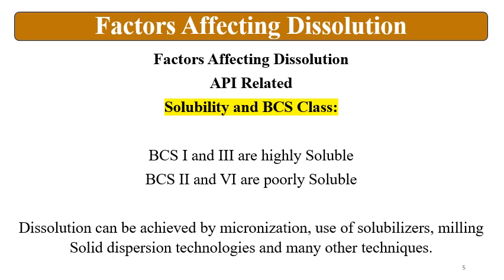So if different manufacturers are using different technologies but giving a formulation with good bioavailability and bioequivalence, their formulations will be different in the dissolution, but these formulations may be bioequivalent.